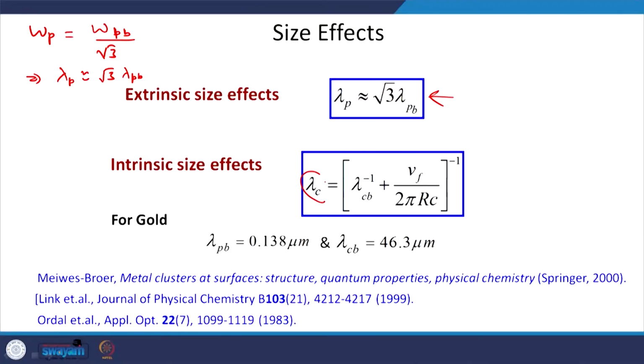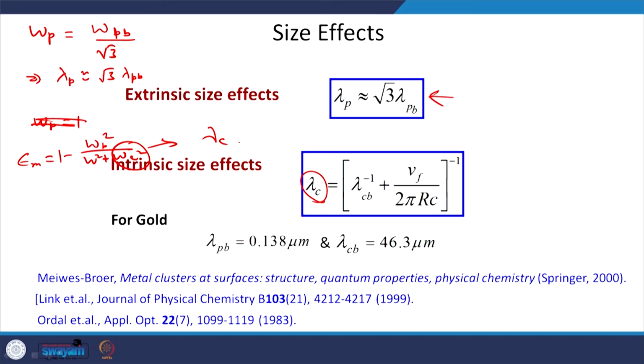Also, this lambda c, if you remember, this term epsilon m was 1 minus omega p square upon omega square plus omega c square. If you write omega c in terms of lambda c, that was the decaying function.